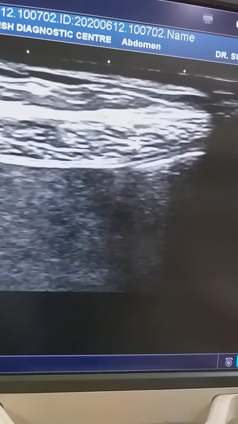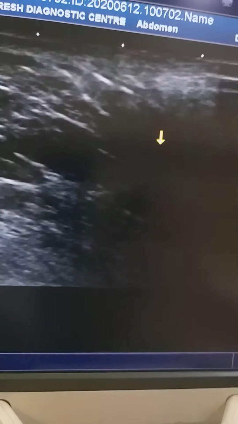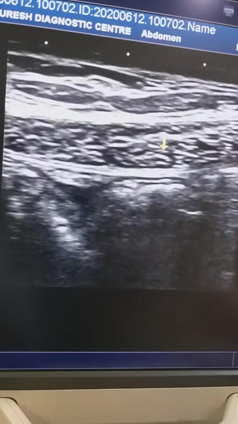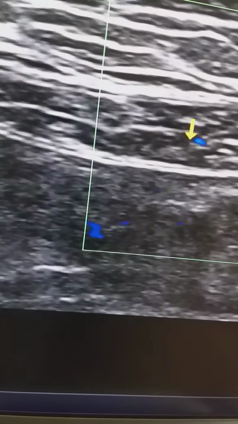So again, I am now tracing the inferior epigastric artery. Here is the inferior epigastric artery, just at the inferior aspect of the rectus abdominis muscle.